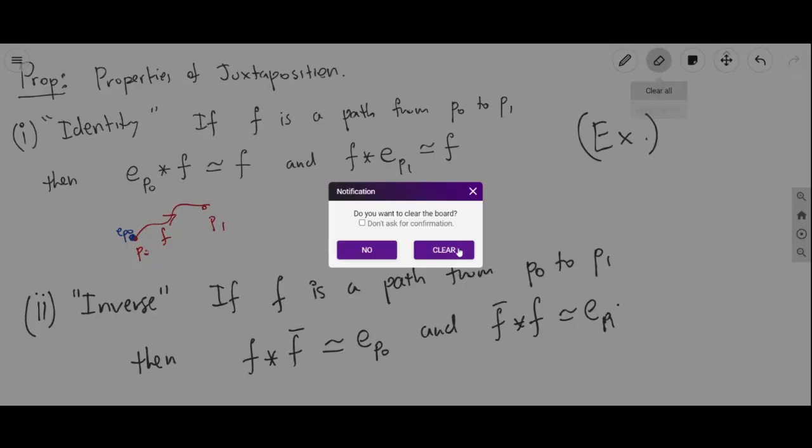So this is going to be the next one. This next one, this is the third property. This is the one we're actually going to prove. This is the most difficult one, and this is called the associative property. So here's how it goes.